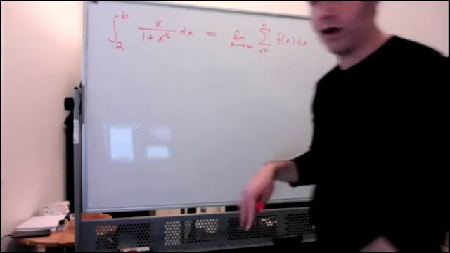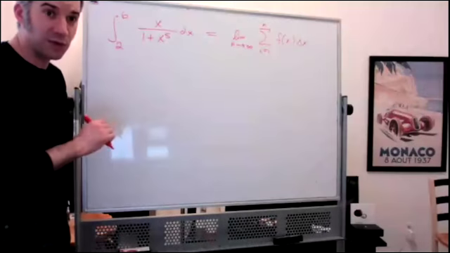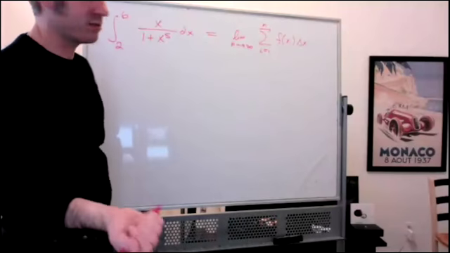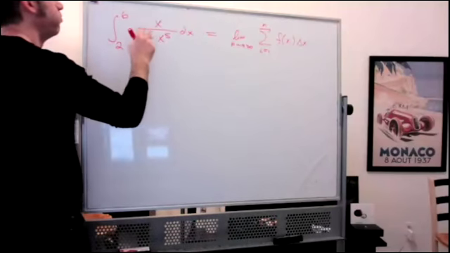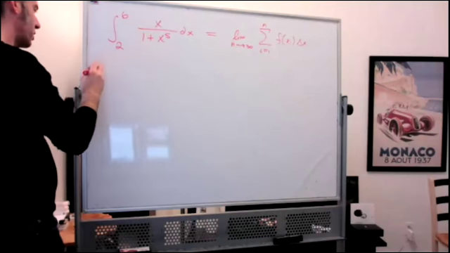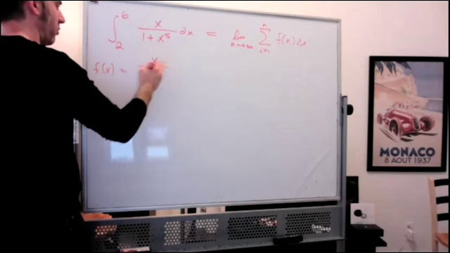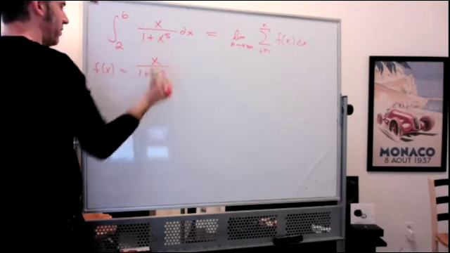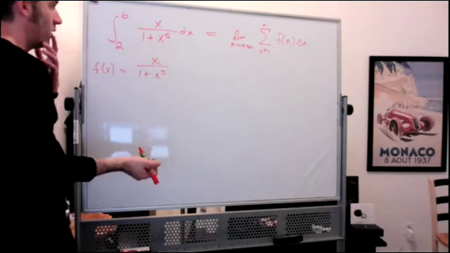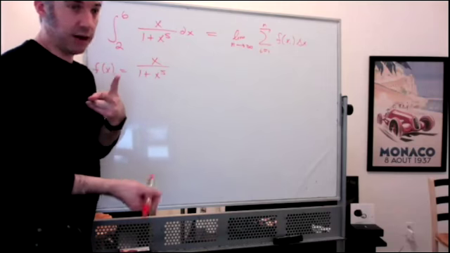Yeah, I'll give two equally good answers here just to show you guys something. So our function is definitely what's inside the integral, x over 1 plus x to the 5th. And then we need delta x and we need x sub i.